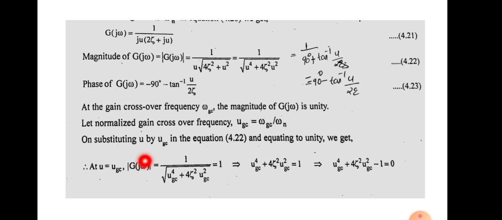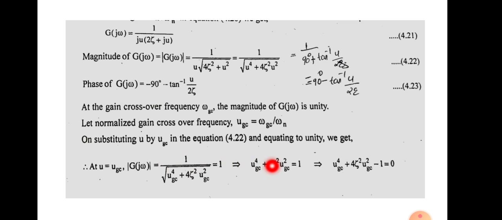So we will get the modulus of g of j omega at u equal to UGC, substituting u as UGC, equal to 1 divided by square root of UGC raised to 4 plus 4 epsilon square into UGC square, equal to 1. That means at the gain crossover frequency, the magnitude will be equal to 1. That is why we are equating it to 1.